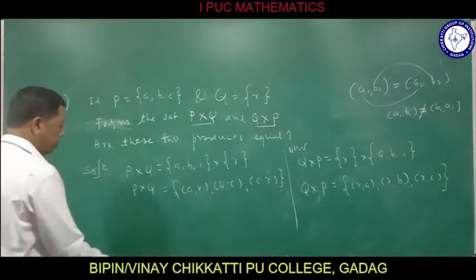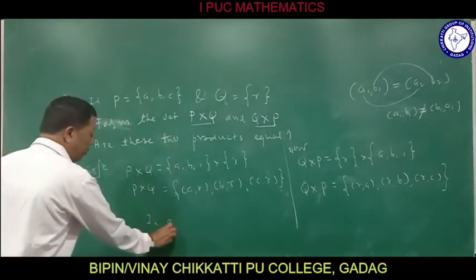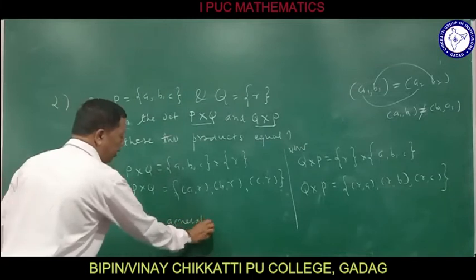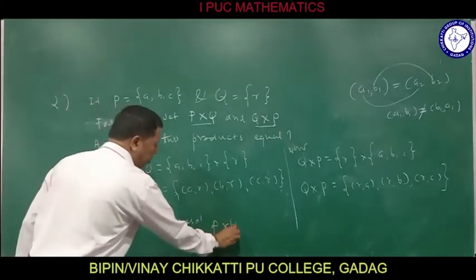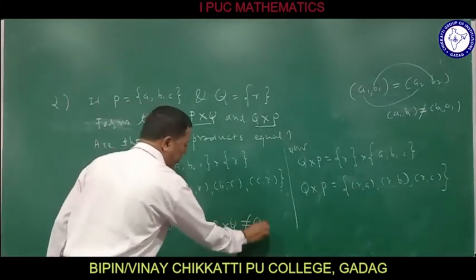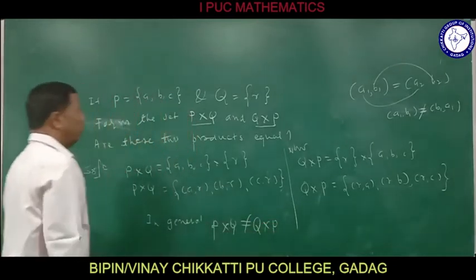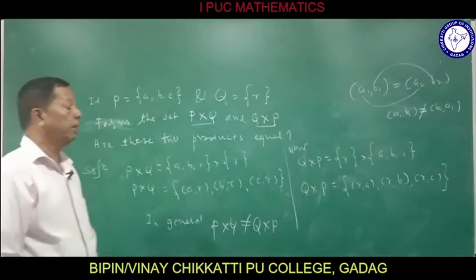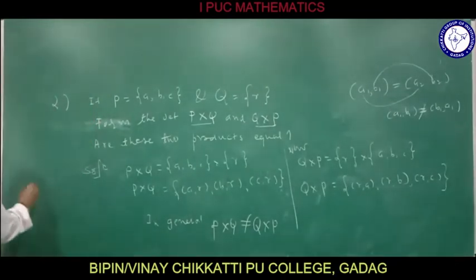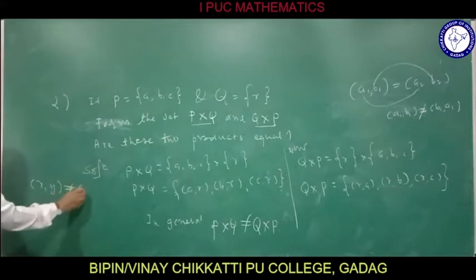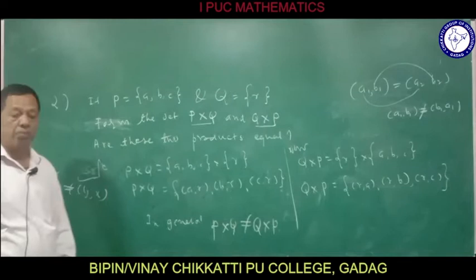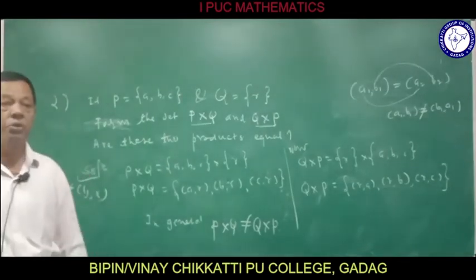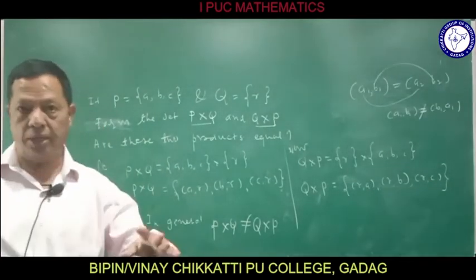So try to understand, in general P cross Q is not equal to Q cross P. Why? Because (a1, b1) is not equal to (b1, a1), that is, (x, y) is not equal to (y, x). These are two different ordered pairs representing two different points in a plane.